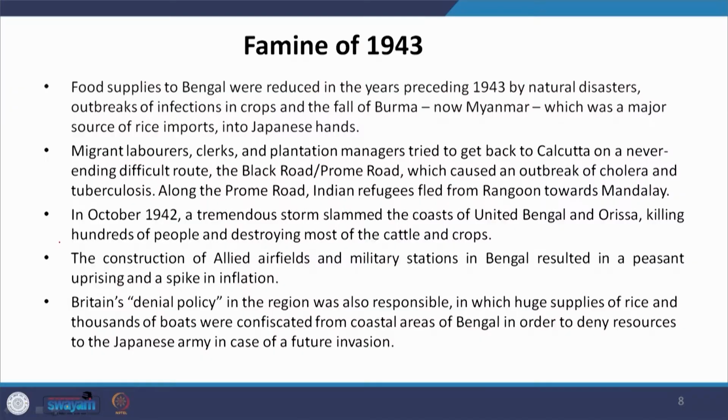Food supplies of Bengal were reduced in the years preceding 1943 as a result of natural disasters, outbreaks of infections in crops, and because of the fall of Burma, which is now called Myanmar, and which was a major source of rice imports, and it went into Japanese hands. So, the famine of 1943 was the result of several factors tied together.